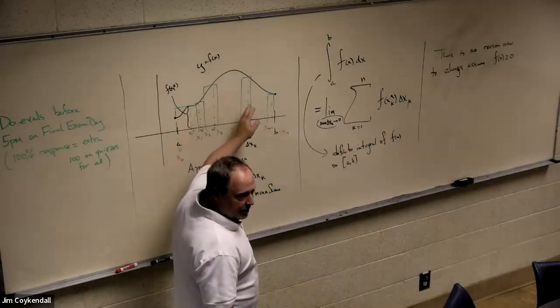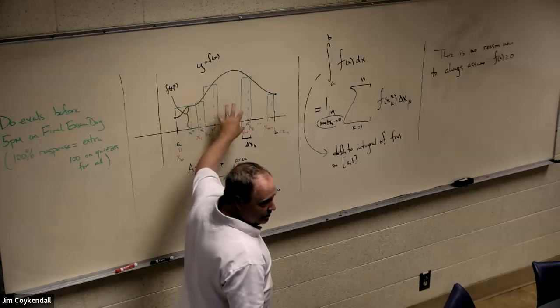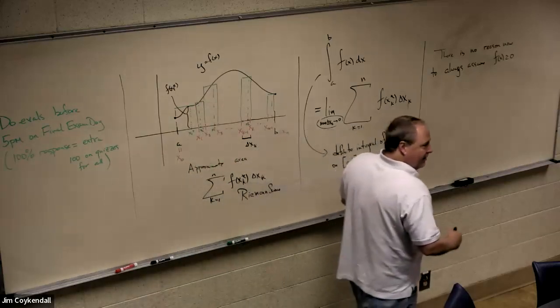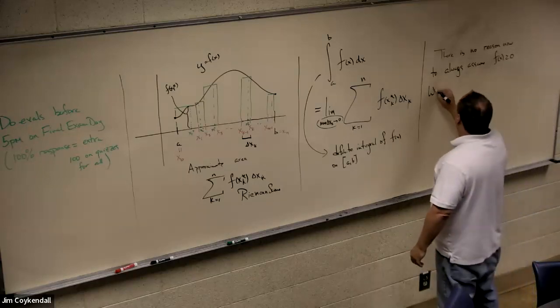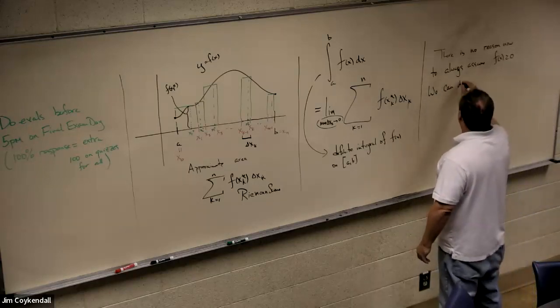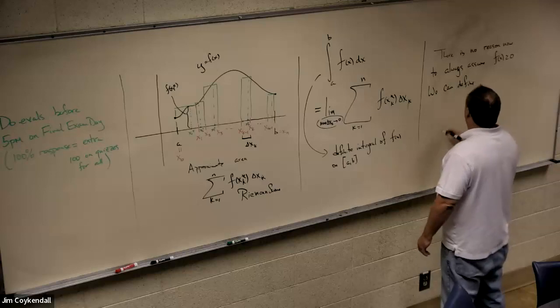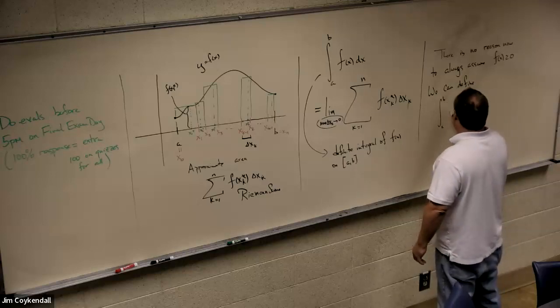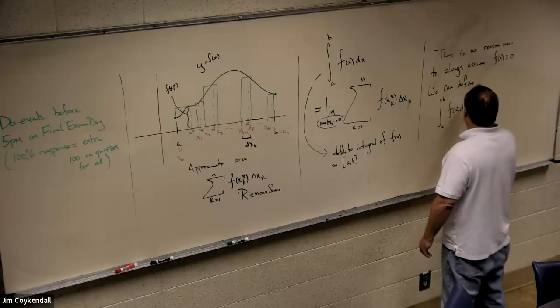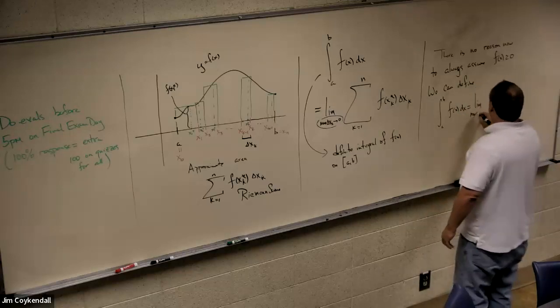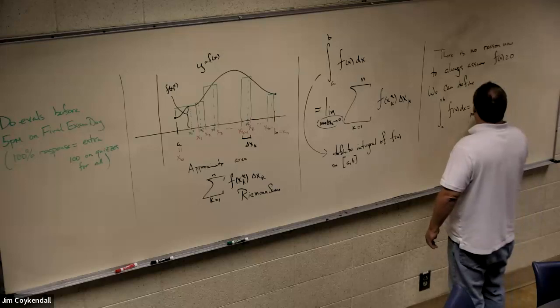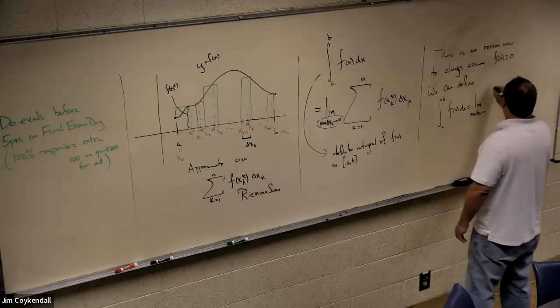Look at my function here, it is positive, I'm trying to get an area. But there's no reason you have to do this. Always we can find the integral from a to b of f of x dx, the limit as max delta xk goes to 0.